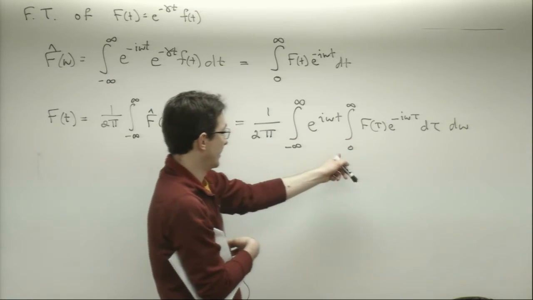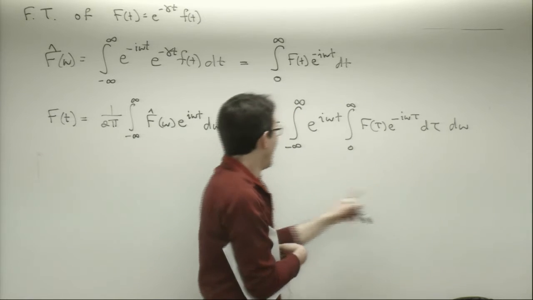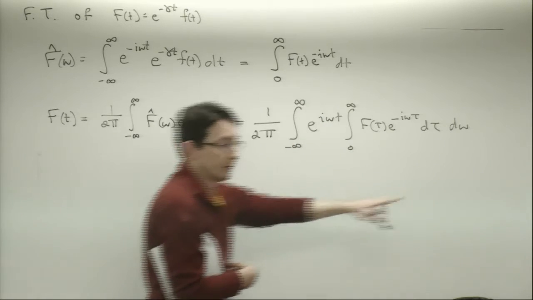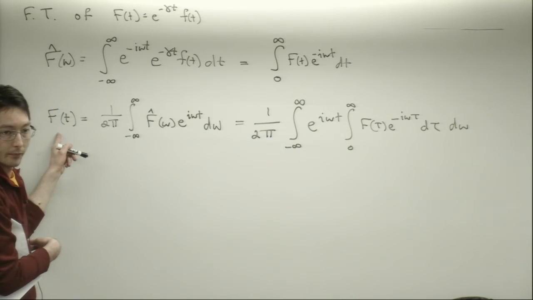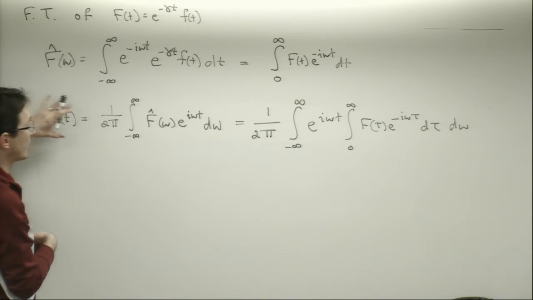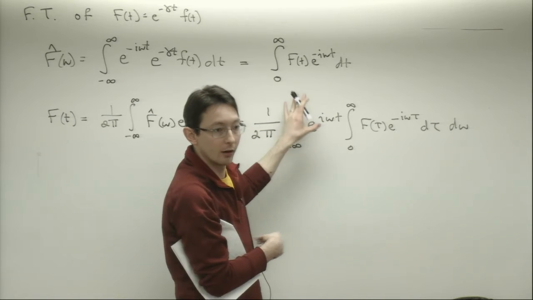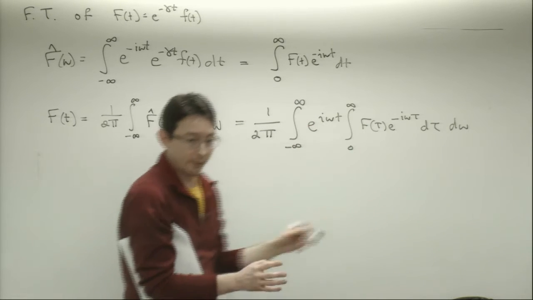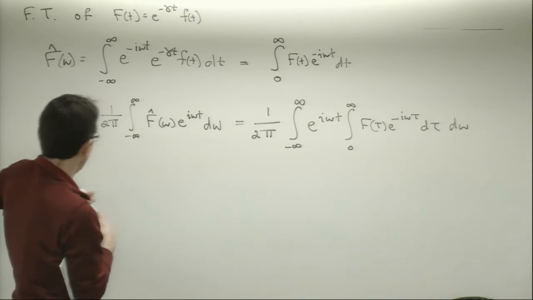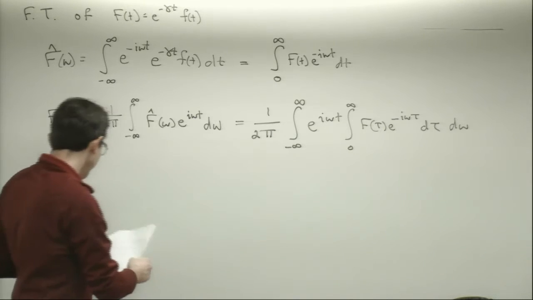This is basically saying that if I Fourier transform f and then inverse Fourier transform, I get back f. I want to find a similar Fourier inverse Fourier transform pair for little f. That's where we're going. This is a little long-winded, but I want to tell you where we're going.